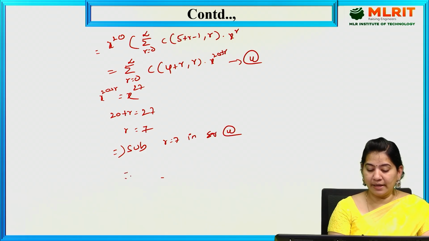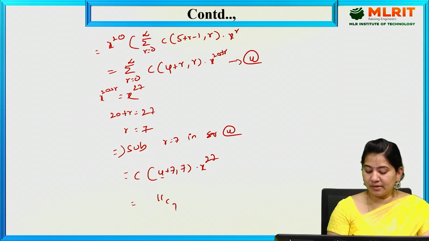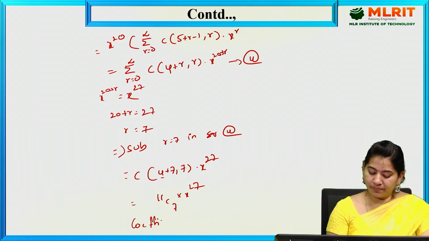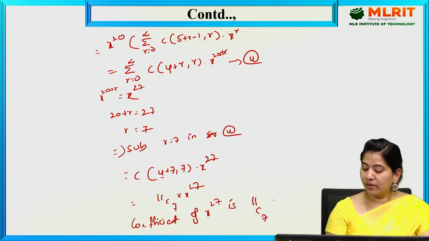Then what you will get here is C of 4 plus 7 comma 7 x power 27, which is nothing but 11C7 into x power 27. Now the coefficient of x power 27 is 11C7, which is nothing but 330.